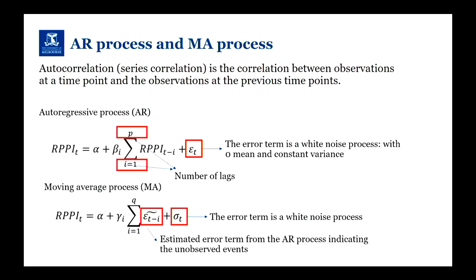However, this model has not included income, and the influence was accounted for by the error term. In that case, the error term is correlated. So the moving average process can be expressed by this equation. They are similar in format.